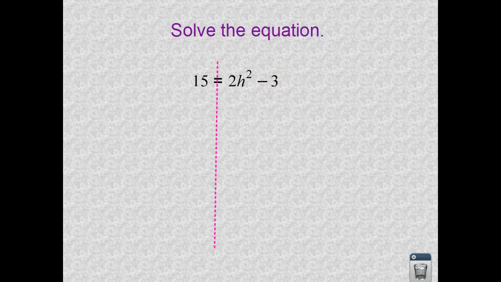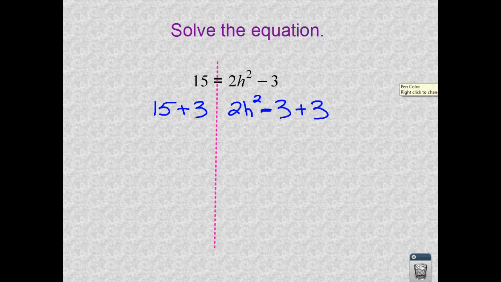And you remember that we get rid of this 3 first, so the opposite of subtracting 3 would be to add 3. So we take our 2h squared, there's our minus 3 that we began with. To get that negative 3 to a 0, we add 3, which means I have to do the same thing to the other side of adding 3.